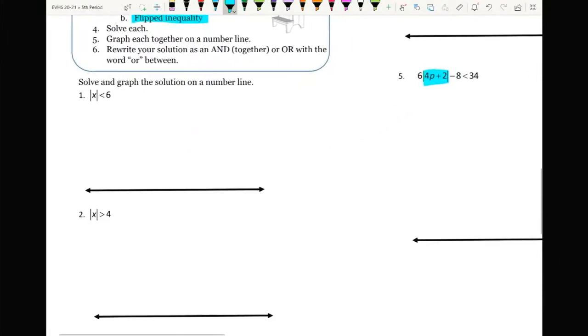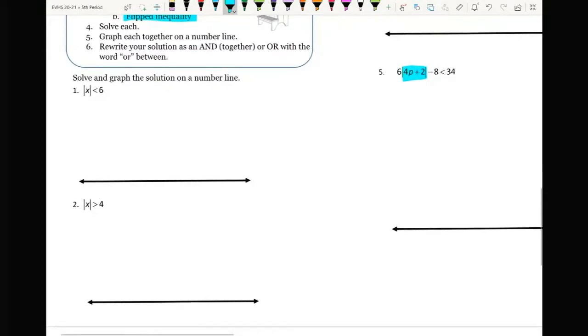So, number 1 and 2, the purpose of these is just to get you used to the mechanics of how we do this. Now, what we're going to do is we're going to set up the original one, and I suggest doing this on the right. The original one we're going to set up as x is greater than 6.